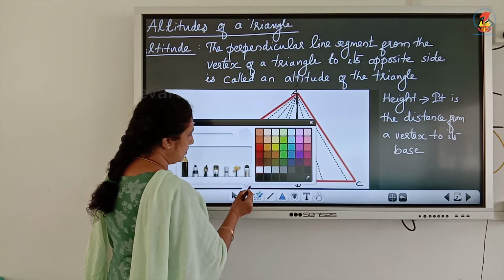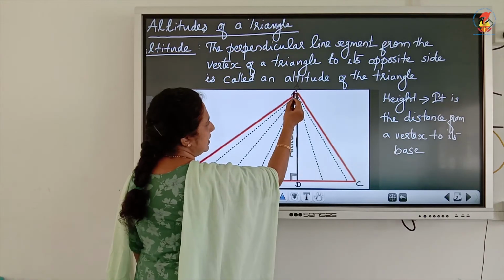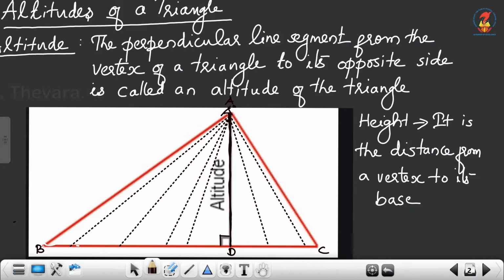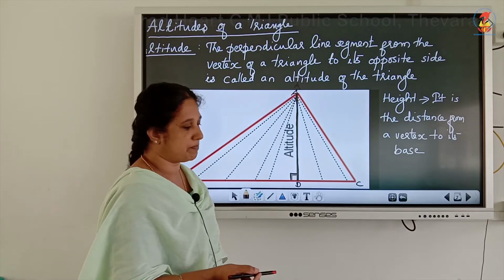So which line segment will represent the height? Out of these line segments, the line segment which starts from A comes straight down to BC and perpendicular to BC gives you the height of the given triangle, or the altitude.